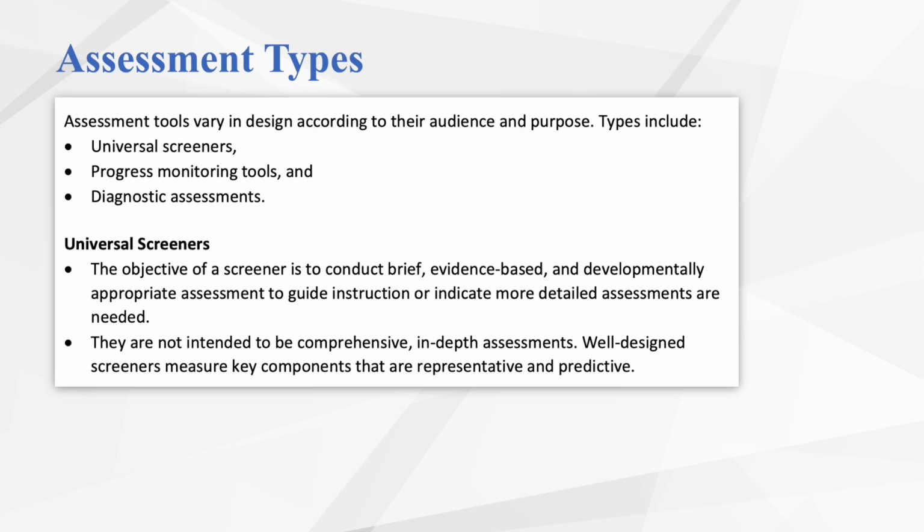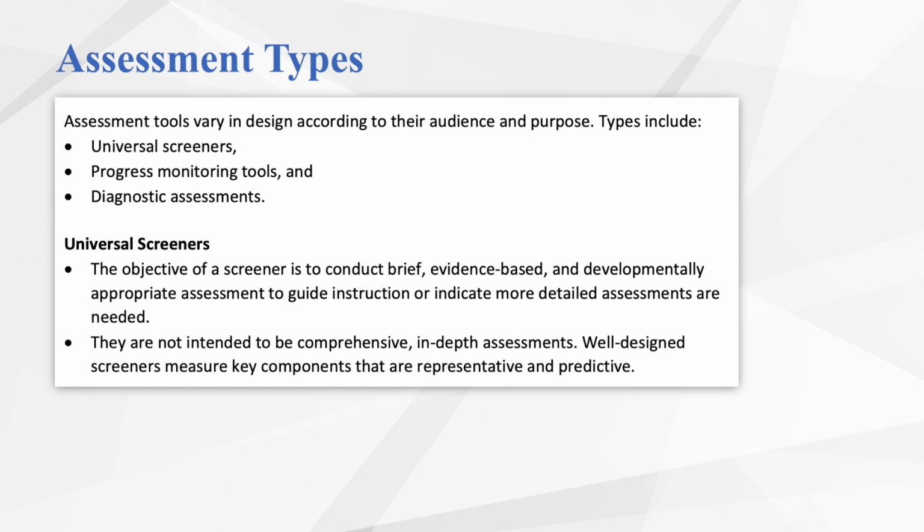Let's start off with the universal screener. A universal screener is designed to be an assessment that is quick and easy to give. This is important to note because a universal screener, by design, should be administered universally, or to all students. So this is an assessment that we want to give because we're asking the question, who is at risk, who is on track, and who is probably in need of enrichment.